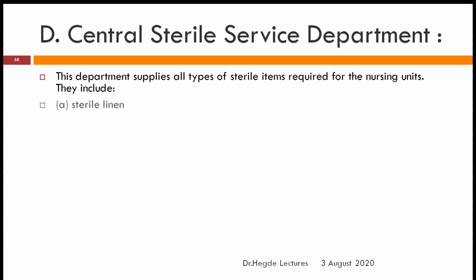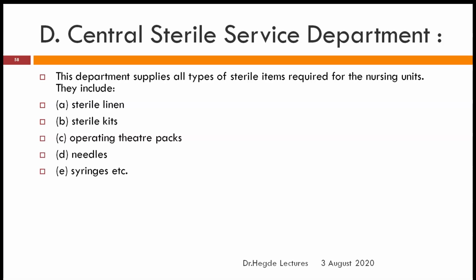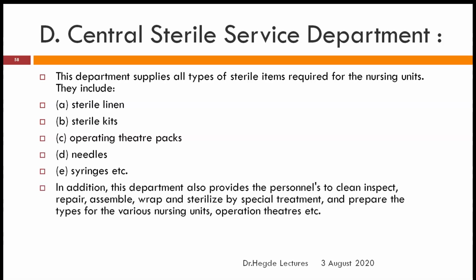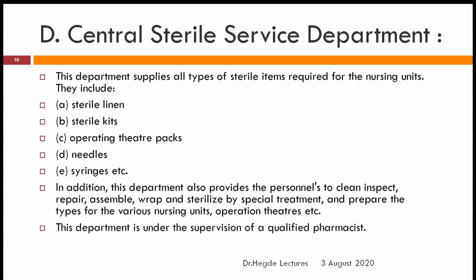They include sterile linen, sterile kits, operating theatre packs, needles, syringes, etc. In addition, this department also provides the personnel to clean, inspect, repair, assemble, wrap and sterilize by special treatment and prepare the items for various nursing units, operation theatres, etc. This department is under the supervision of a qualified pharmacist. Kindly make a note, the Central Sterile Service Department will be supervised by a qualified pharmacist.